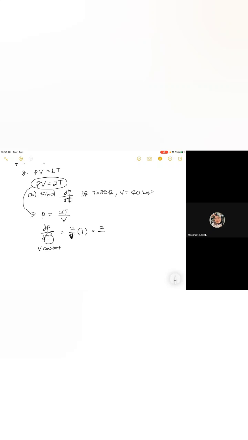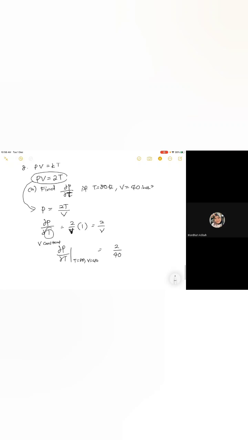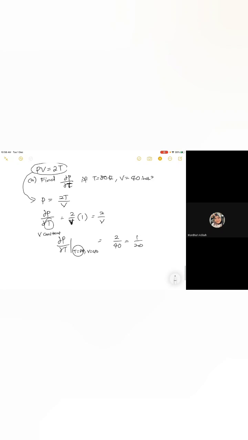So you have 2 over V. Now given T equals 80, V equals 40, we have 2 over 40, which is 1 over 20. There is no variable T, so you don't need to use this value. Don't suddenly insert it. When you don't have the variable, you don't need to use the value. So 1 over 20.